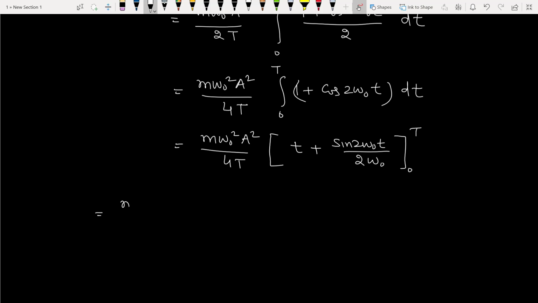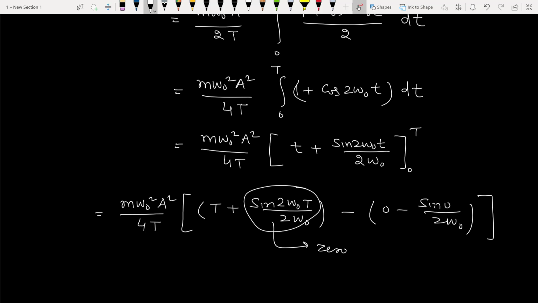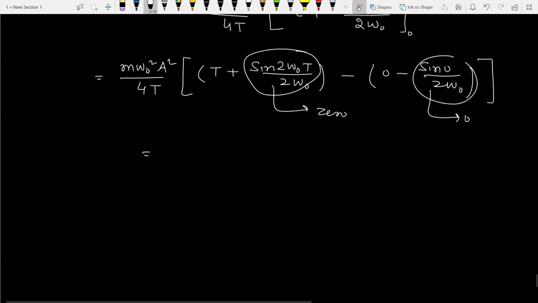Now we substitute the limits: upper limit capital T, sine 2 omega naught T divided by 2 omega naught, minus sine 0 divided by 2 omega naught. This function is 0, just calculated, and sine 0 is 0, so it will be m omega naught square a square by 4T into T.